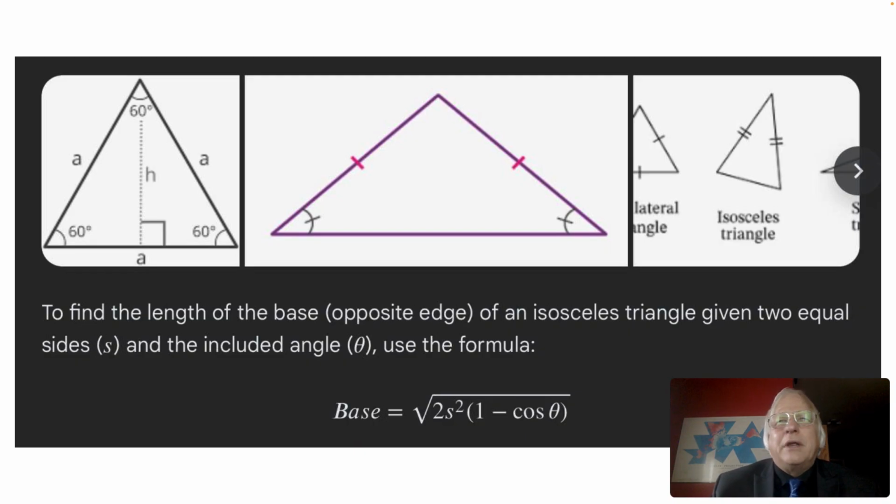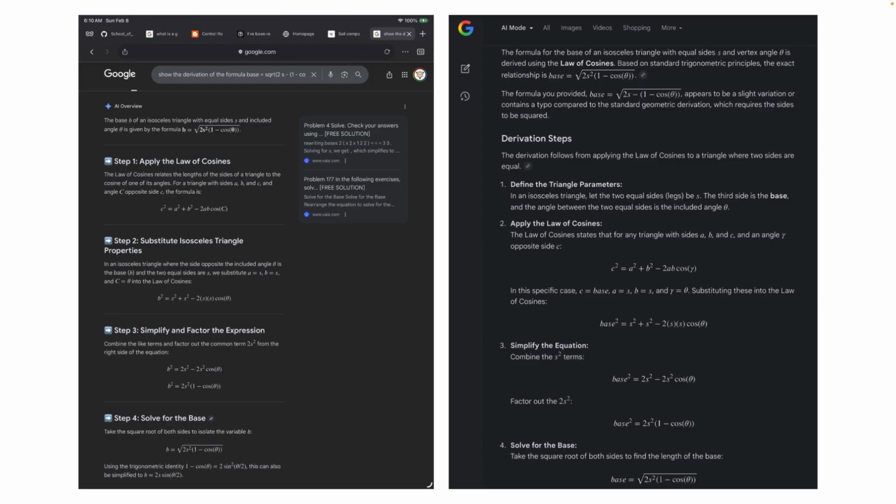Well, here I'm including, after asking Google in a very friendly way to share a derivation of said formula, this one at the bottom for the base. Where'd that come from? I asked. And Google comes back with a step-by-step derivation beginning with the law of cosines.